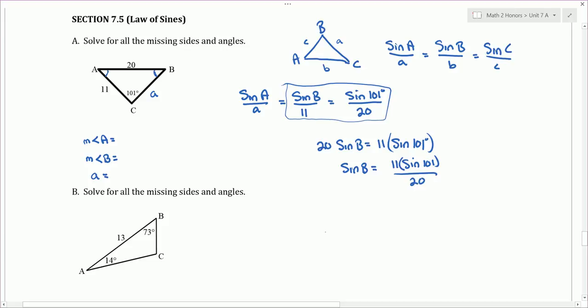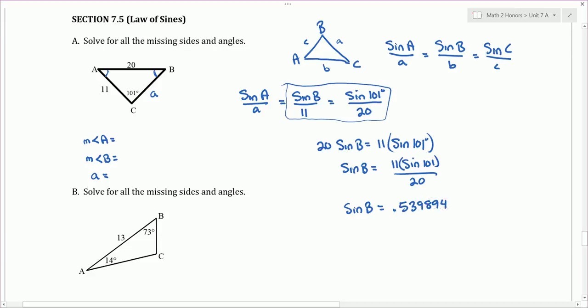I'm going to enter that part into my calculator. So 11 times the sine of 101 and then divide by 20, and I get 0.5398 94, and so on.